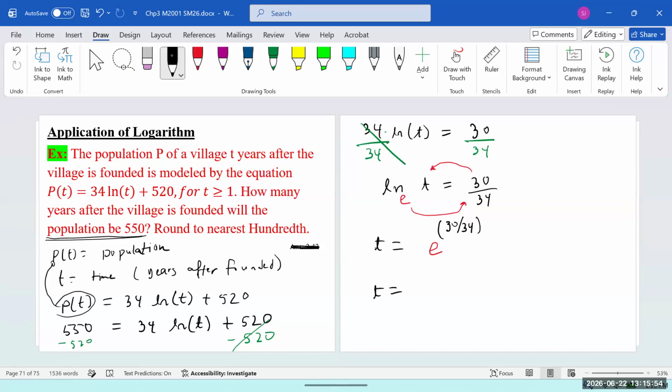So you can say apply E to both sides, or just rewrite logarithmic into exponential format. So here's the answer: 2.416, round to the hundredth, 2.42. Yep.